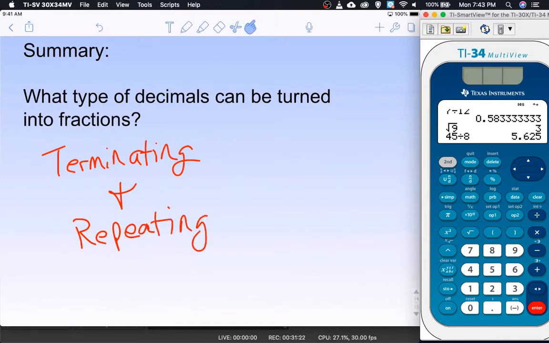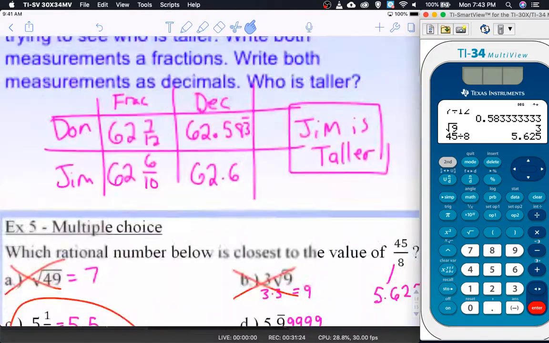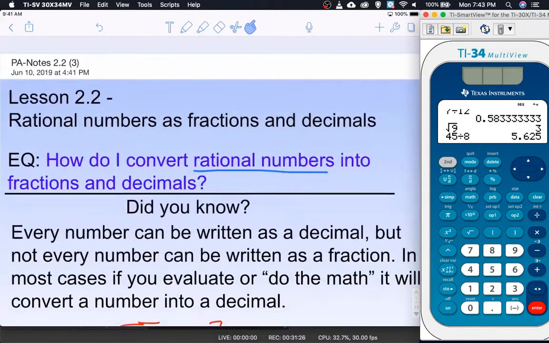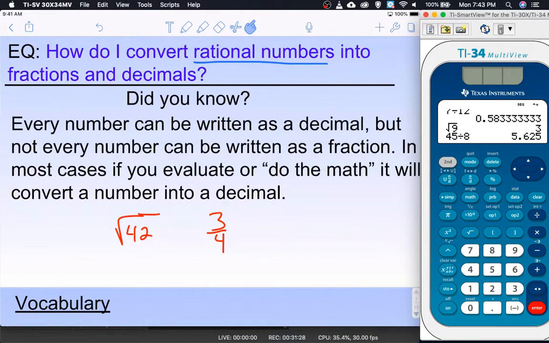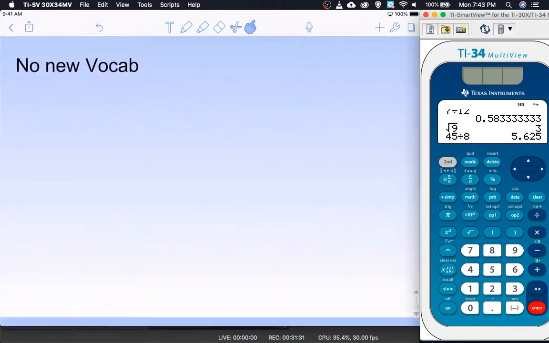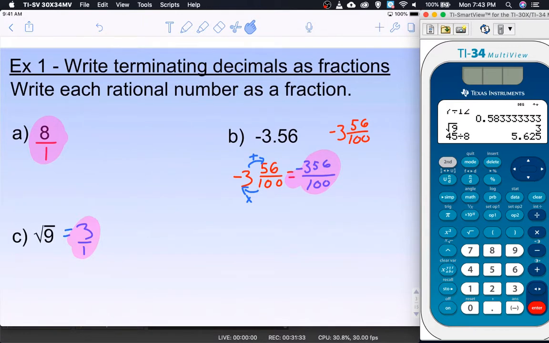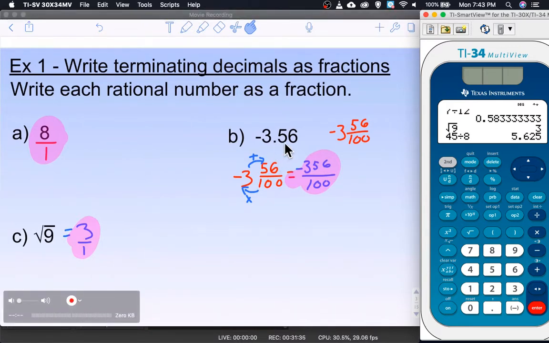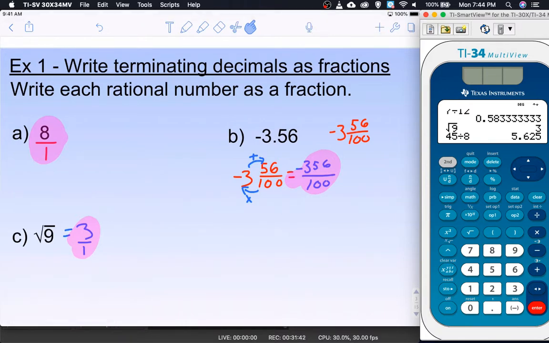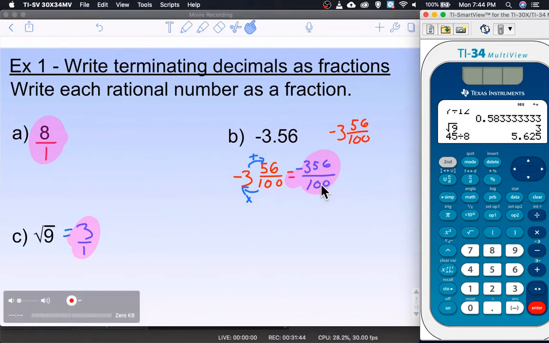All right, so quick little recap of the lesson. So we'll start back at the top. All right, so things we did. We learned that to turn a decimal into a fraction, starting with a terminating decimal, you put it over a power of 10: 10, 100, 1,000. We learned that whole numbers can be changed into fractions by simply putting it over 1.